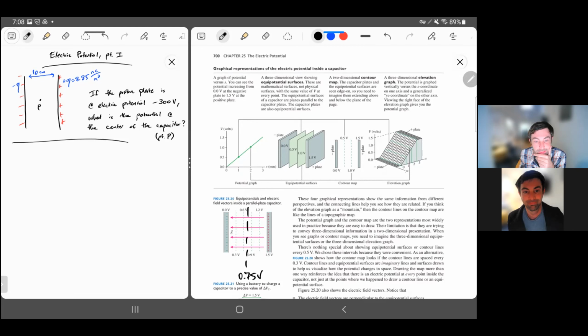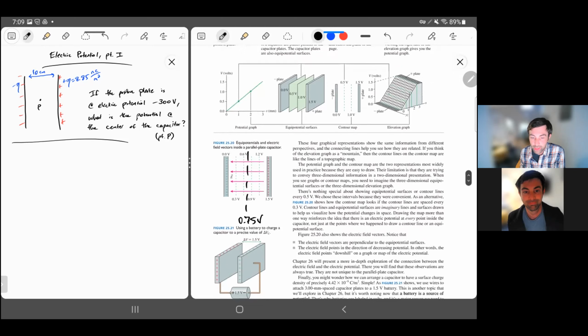And they're spaced out so that they increase from the negative plate to the positive plate. And again, this is the source charge creating an electric potential everywhere in space, and it's related to the electric field. We're going to talk more about the relationship between V and E in the next video. But right now, it's just getting used to these equipotential lines.